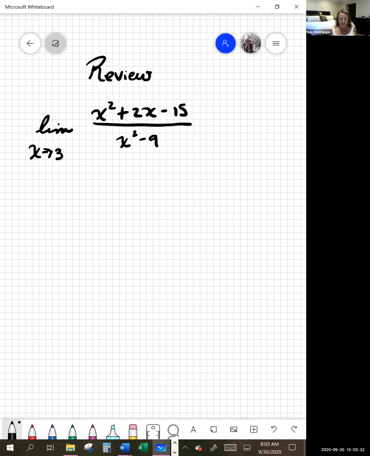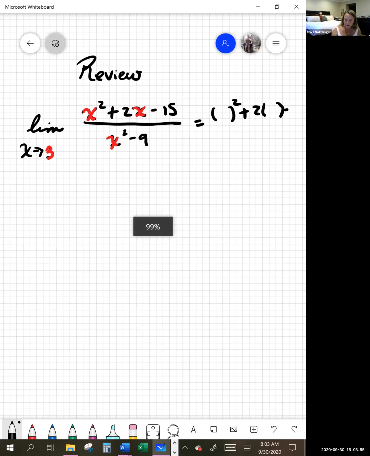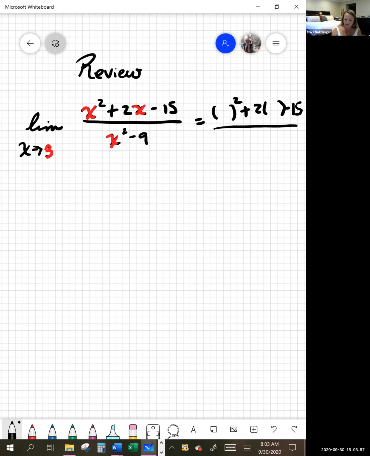So when taking limits, and we're taking a limit of this equation, what we're going to do is go in and plug in 3 wherever we see an x. So doing that, we get back 3 squared plus 2 times 3 minus 15 all over 3 squared minus 9.